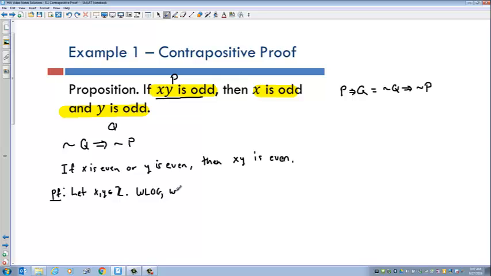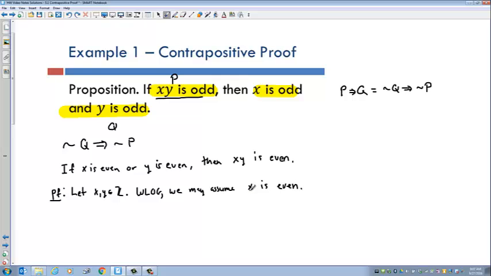we may assume x is even, right? So we can assume x is even, or we could assume y is even. It really doesn't matter which one we pick.